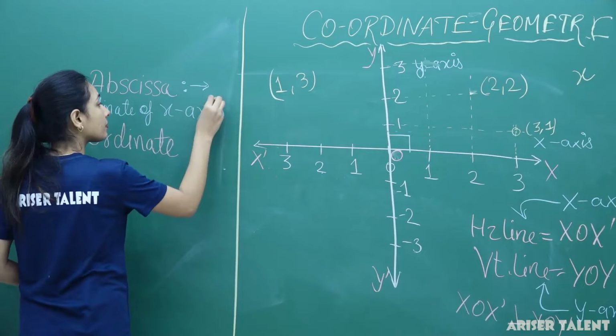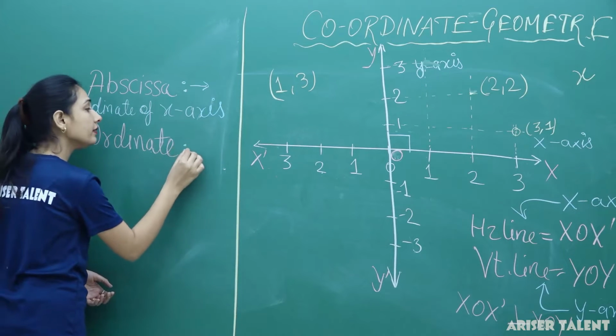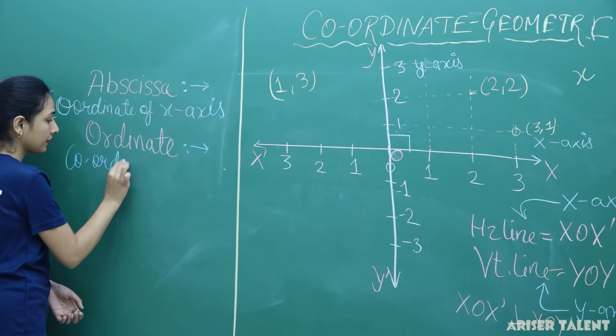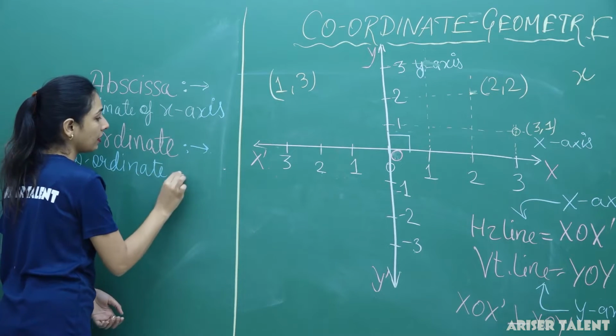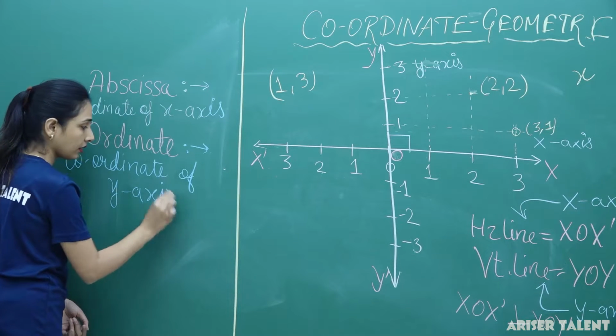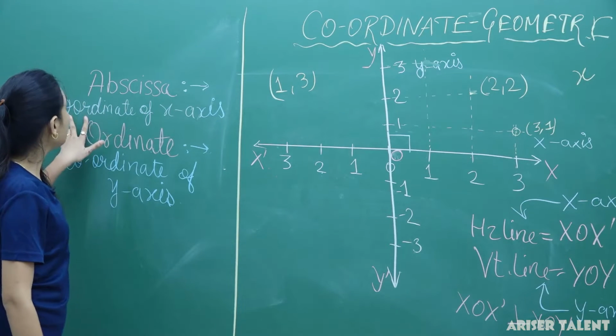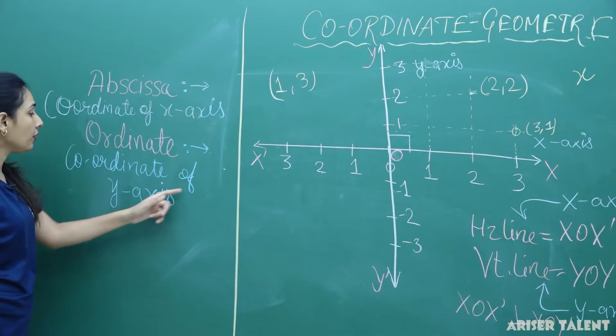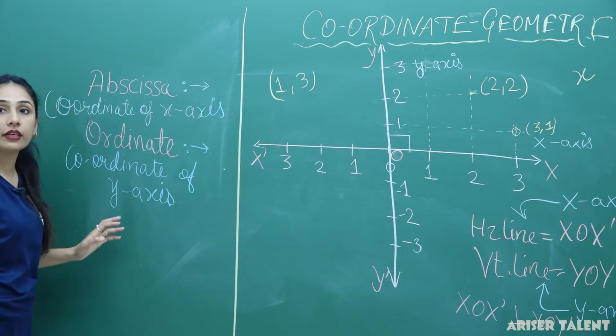Right? And this ordinate is the coordinate of y-axis. Understood? The coordinate of x-axis is abscissa and the coordinate of y-axis is ordinate.